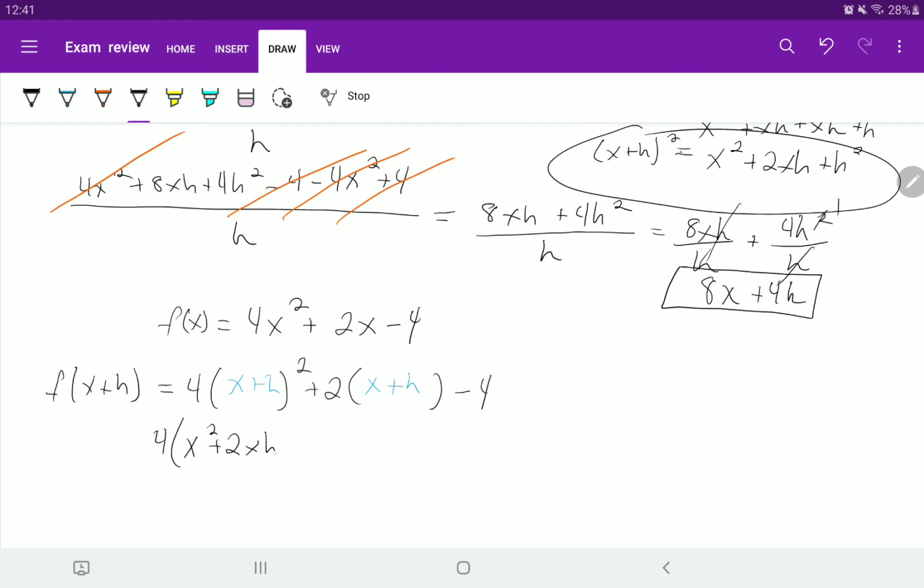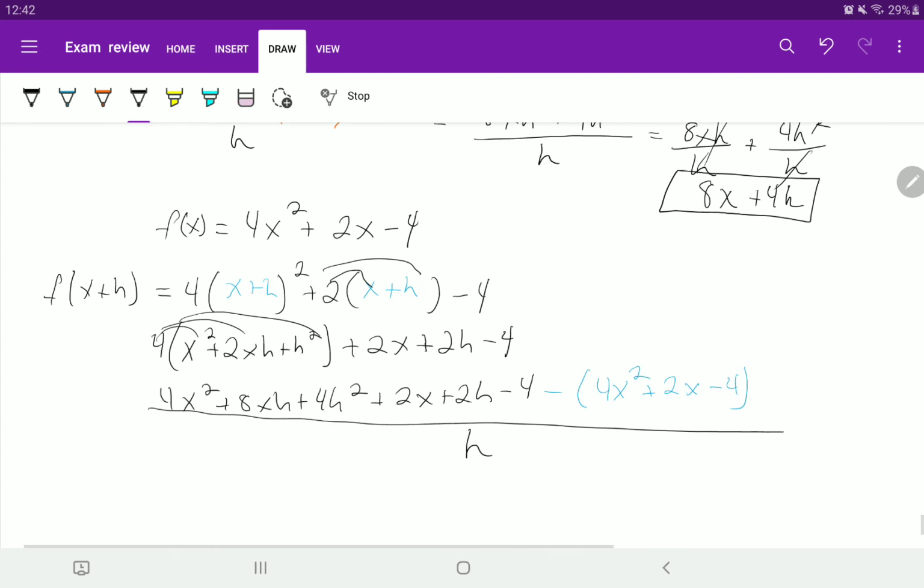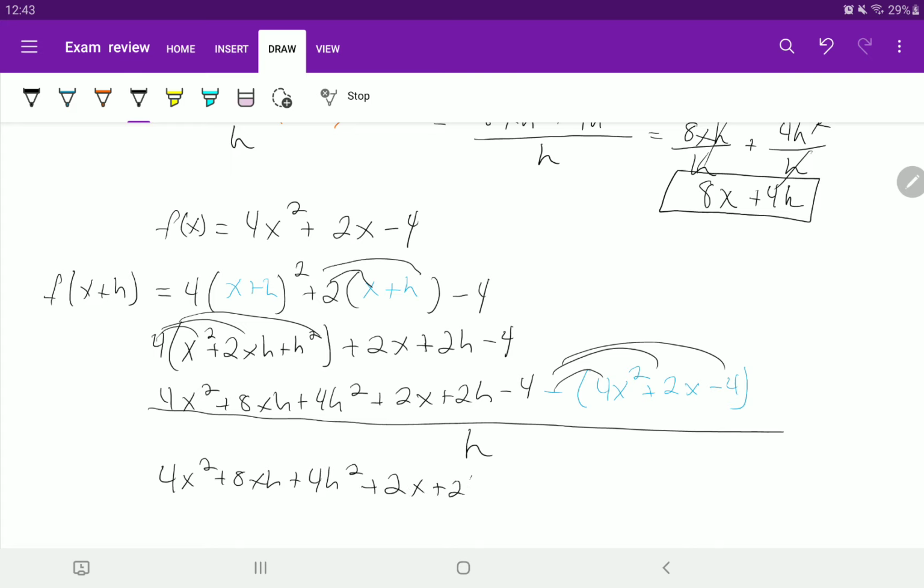And then we're going to subtract f of x in parentheses. f of x is 4x squared plus 2x minus 4. And it's all going to be divided by h. Distribute inside the parentheses: 4x squared plus 8xh plus 4h squared plus 2x plus 2h minus 4 minus 4x squared minus 2x plus 4, divided by h.